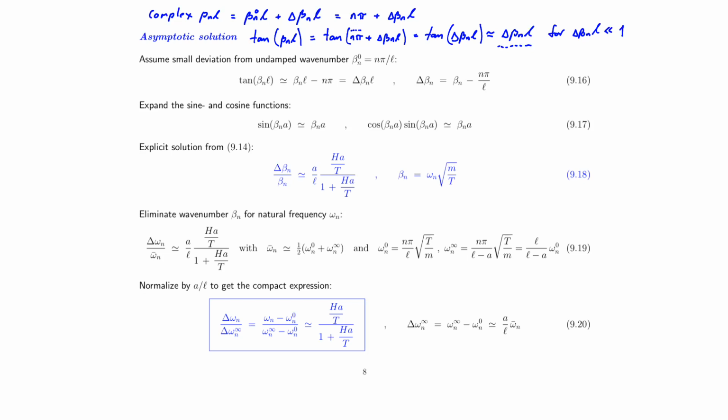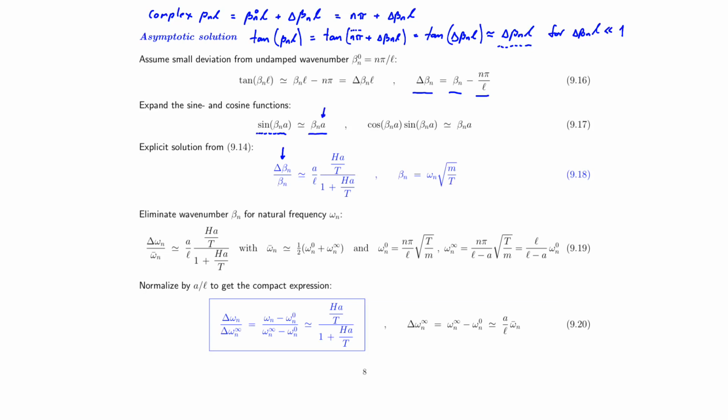And this delta beta is then given as the full complex beta, that's the solution to the transcendental equation, minus the solution without the damper, that's n pi divided by L. Therefore, we can approximate the left-hand side directly by delta beta_n. On the right-hand side, we have a sine, and sines can be approximated by the argument for small values of a.